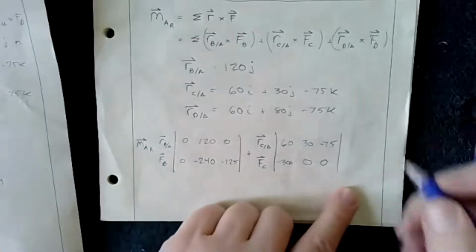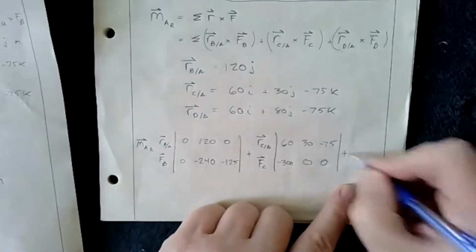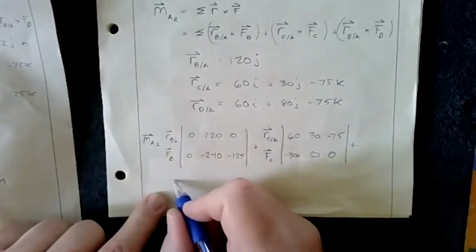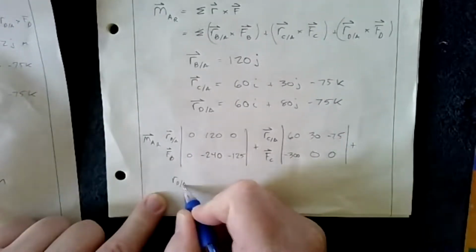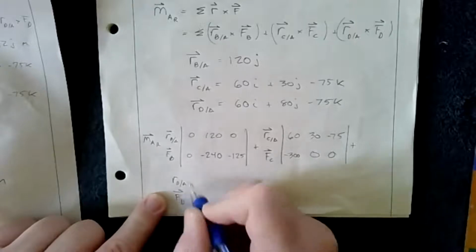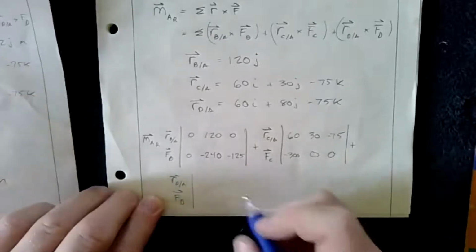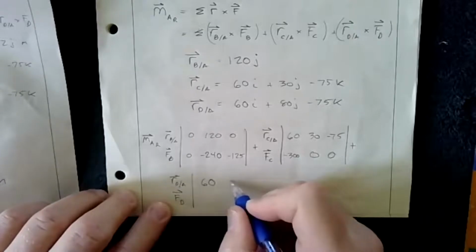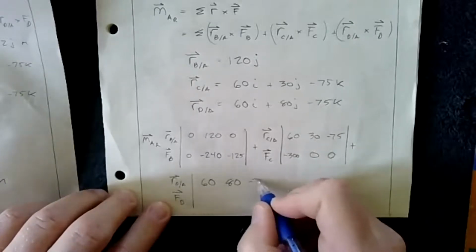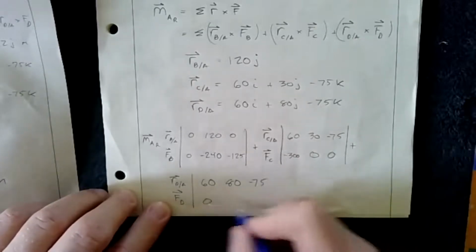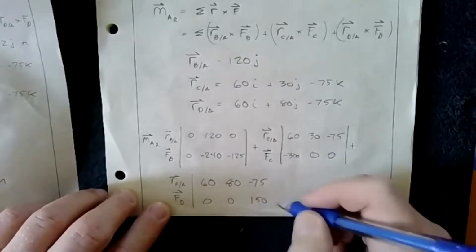And then last, plus R_D relative to A crossed with the force at D: 60, 80, negative 75, and 0, 0, 1, 50.